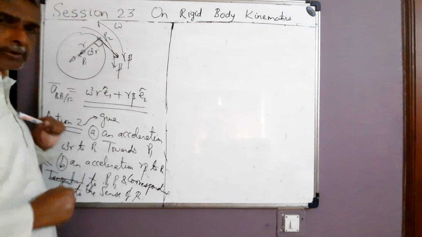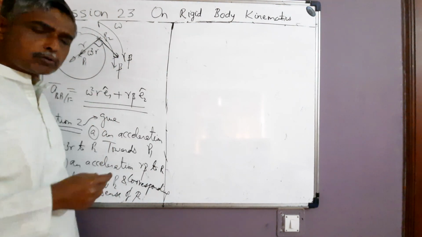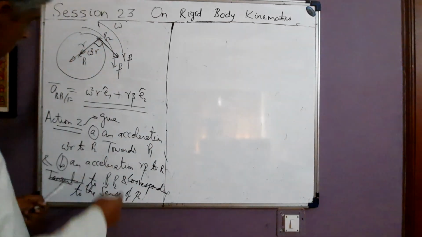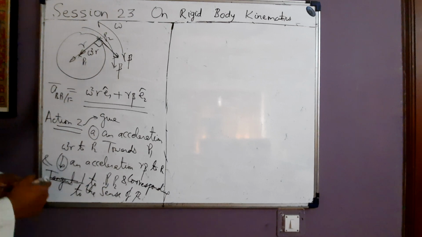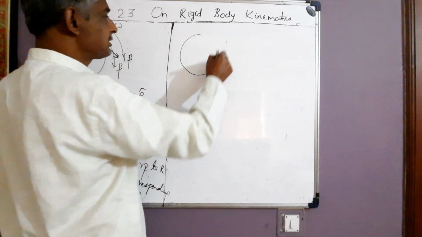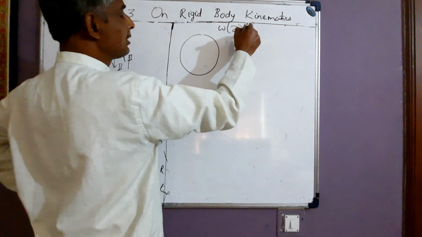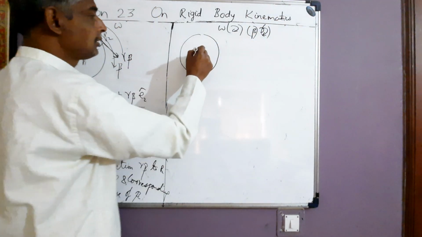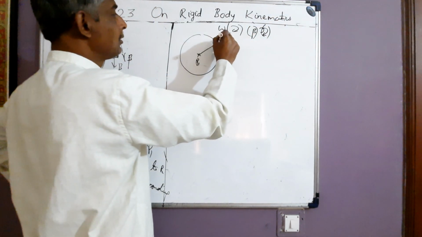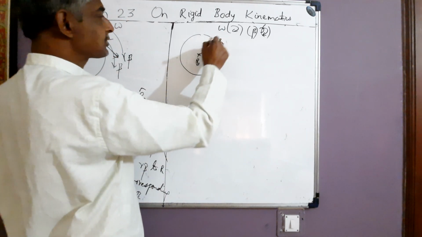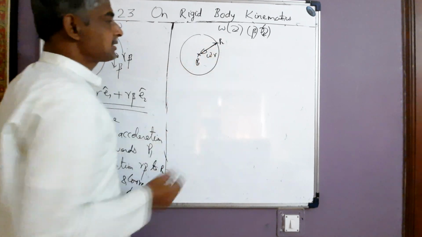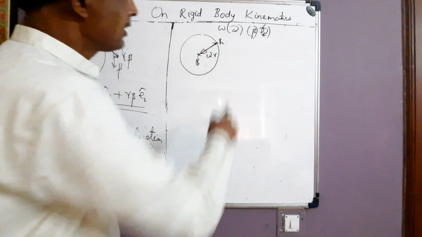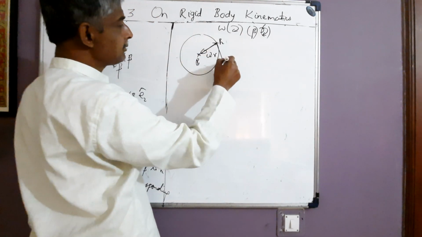Omega and beta are both clockwise. Omega is clockwise, beta is anti-clockwise. Omega anti-clockwise, beta clockwise. Omega anti-clockwise, beta anti-clockwise. In all four cases, what action do we have to take in the second action? Suppose omega is clockwise and beta is also clockwise. This is P1, this is P2. In action 2, omega square is always towards P1, irrespective of whether omega is clockwise or anti-clockwise. It has nothing to do with the sense of omega. Now beta is clockwise, so r beta will be like this.